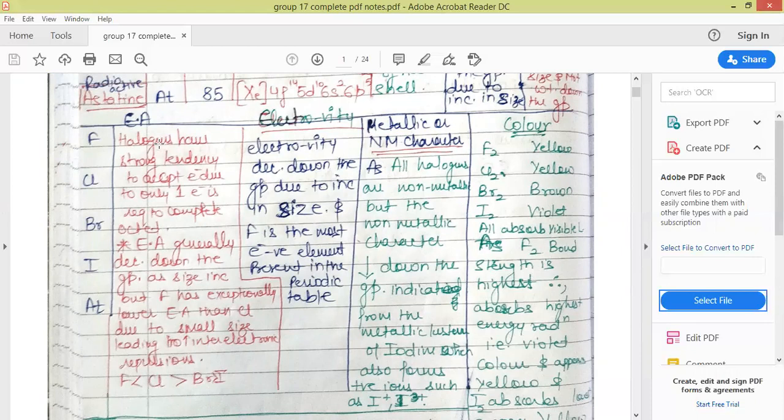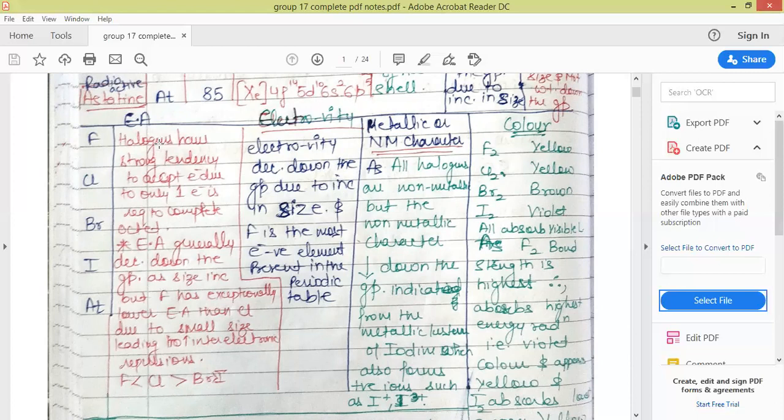So electron affinities generally decrease down the group as size increases. But in the case of fluorine, it should be maximum as expected.